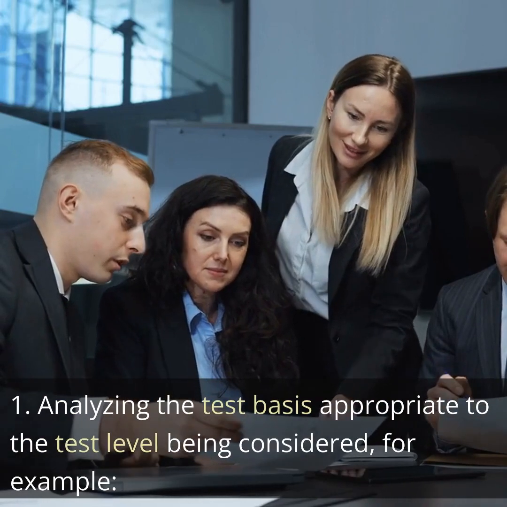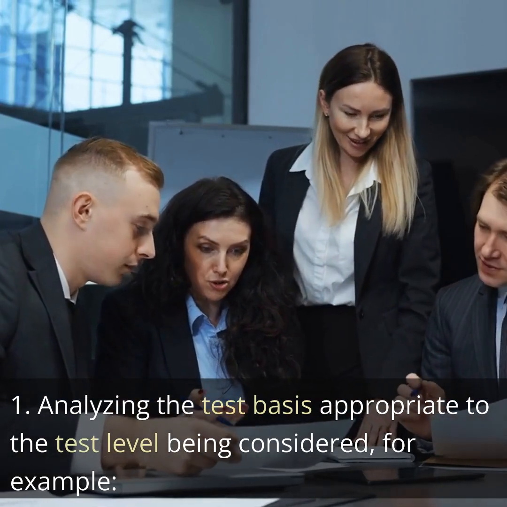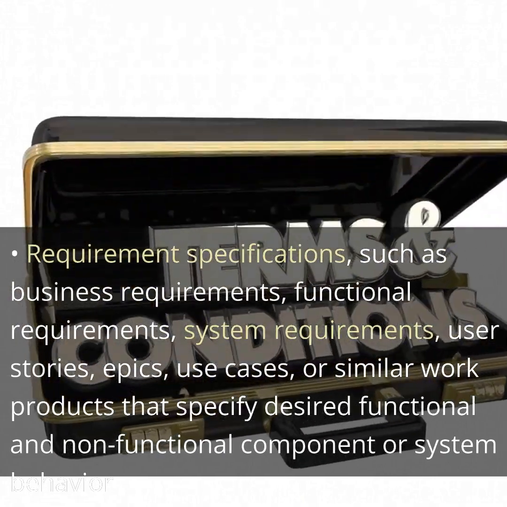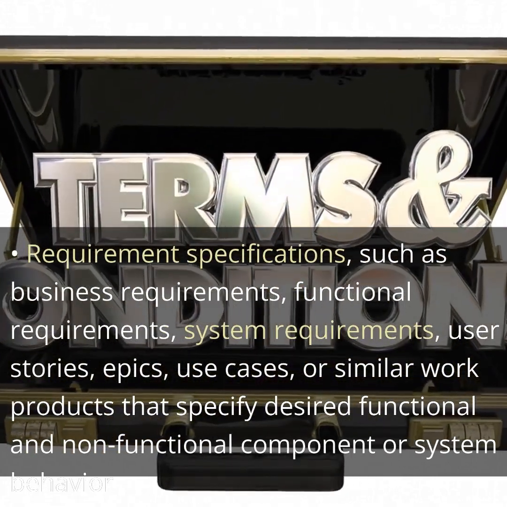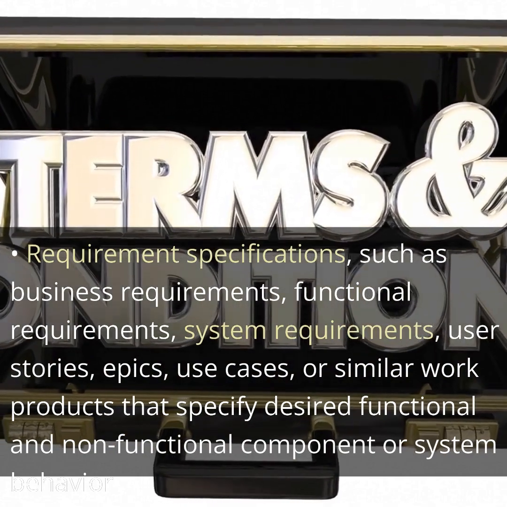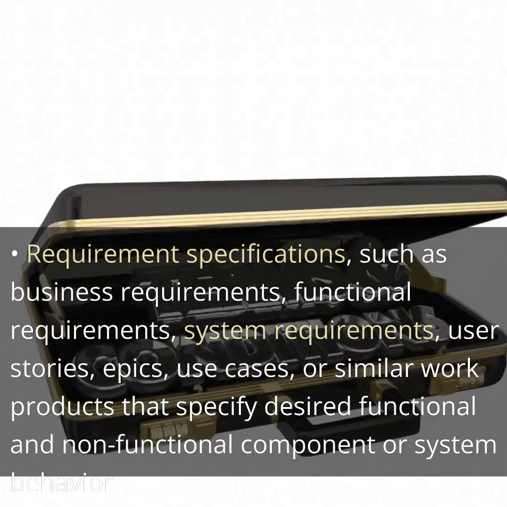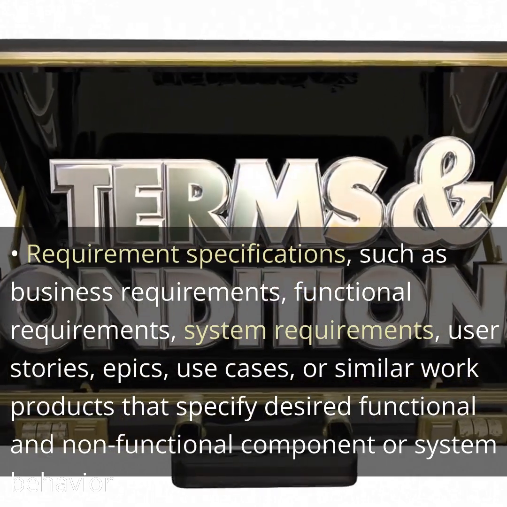1. Analyzing the test basis appropriate to the test level being considered, for example, requirement specifications, such as business requirements, functional requirements, system requirements, user stories, epics, use cases, or similar work products that specify desired functional and non-functional component or system behavior.